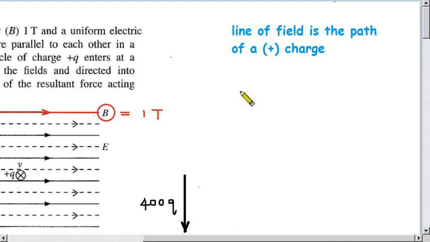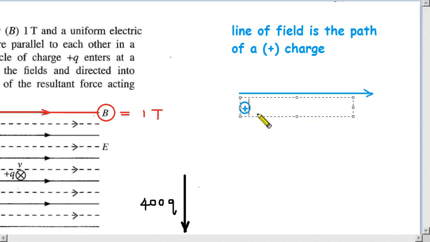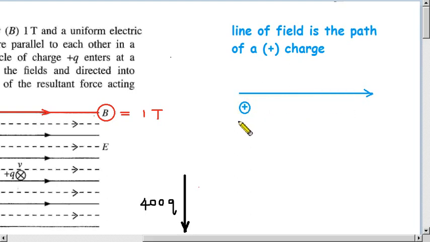That means if the direction of the electric field is this way, and if we release a positive charge from this place, what happens? This positive charge automatically moves along this path, in this direction. So that is what these lines of field mean.